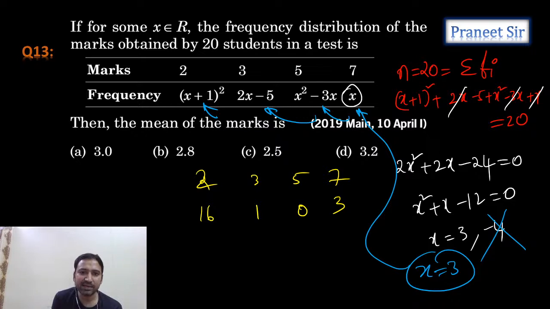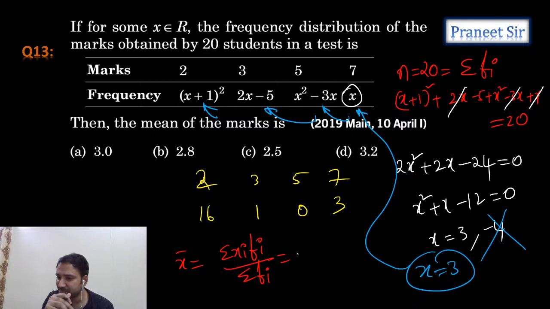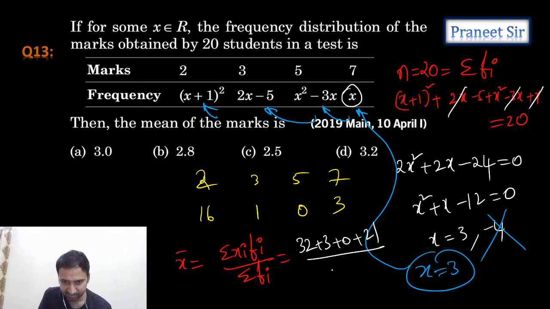So now can I calculate the mean? What is the formula to calculate mean, guys? As he's asking, mean x bar is equal to sigma xi into fi by sigma fi. Correct? So let's calculate this. 32 plus 3 plus 0 plus 21 by sigma f.